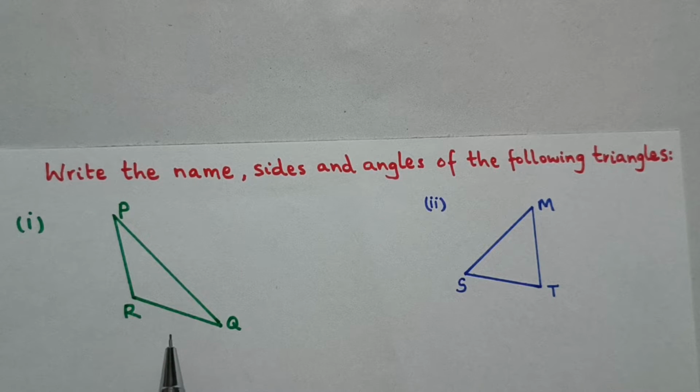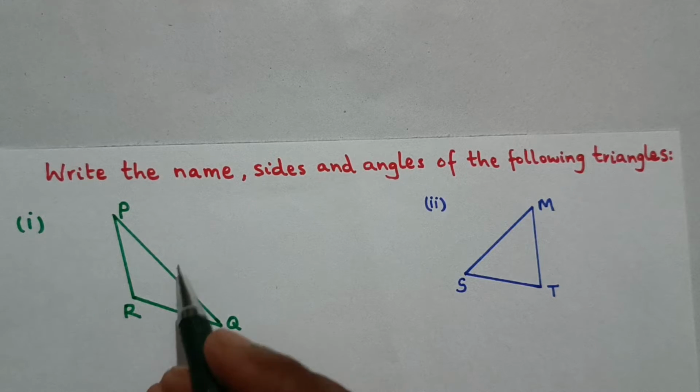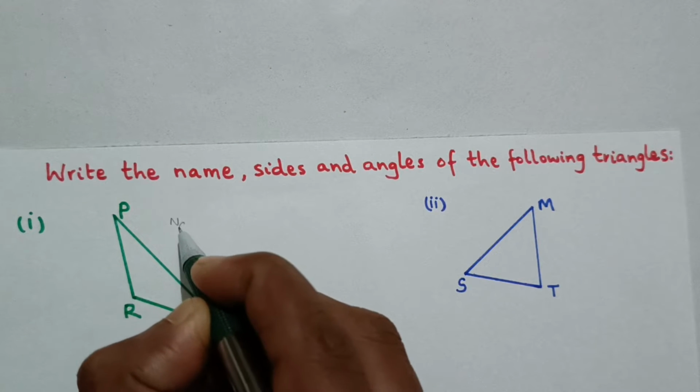In this given triangle, we have to write what is the name of this triangle, what are the three sides of this triangle, and what are the three angles of this triangle. Now, first we will write what is the name of this triangle. So name.